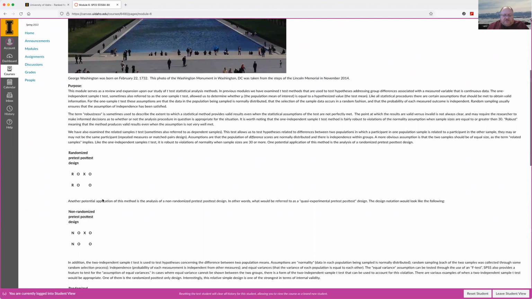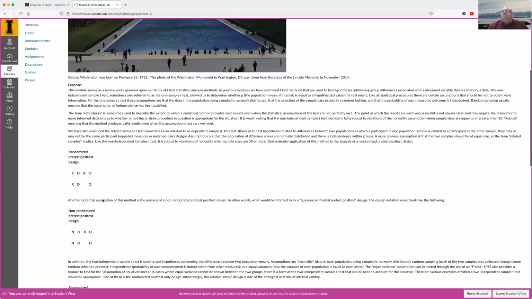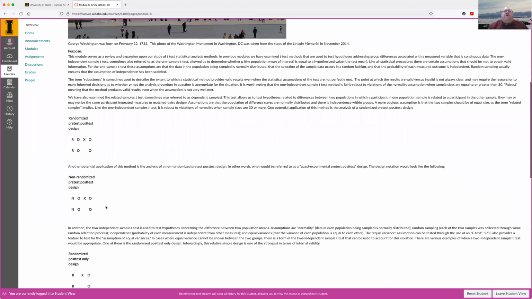Another potential application of this method is the analysis of a non-randomized pre-test post-test design. In other words, what would be referred to as a quasi-experimental pre-test post-test design. The design notation would look like the following. And that's what we've got here, the non-randomized pre-test post-test design.